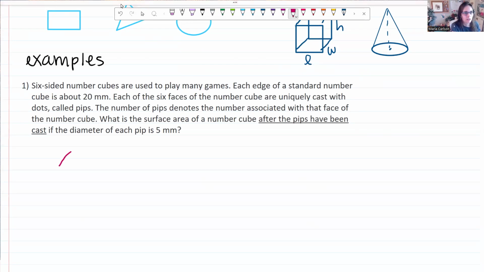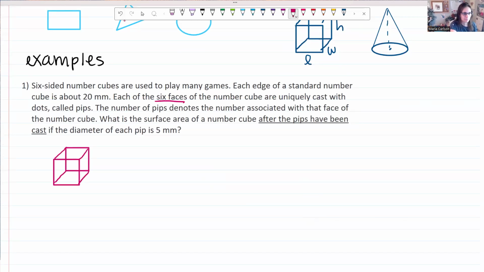So I'm going to draw what we know a die looks like. I'm going to draw just a square first because they are cubes, right? So each face is a square. Here is my cube. And again, they have these dots. Each of the six faces of this number cube are cast with dots called pips.